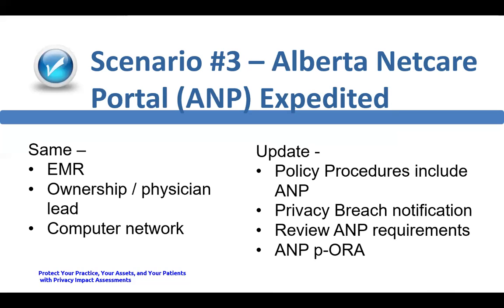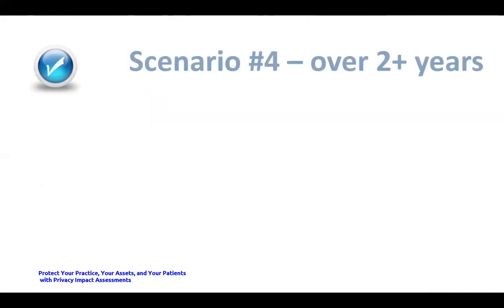Because of all of those delays about getting the Commissioner's Office reviewing the PIAs, they've created a streamlined process. And that streamlined process includes a cover letter that says you've reviewed your policies and procedures, you've made sure it includes all of those requirements to have access to Alberta Netcare Portal, and you agree to also do a privacy organizational readiness assessment, that p-ORA document.